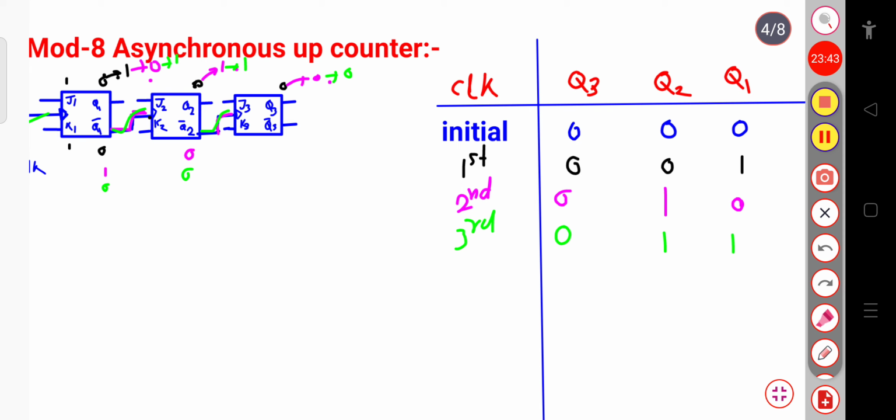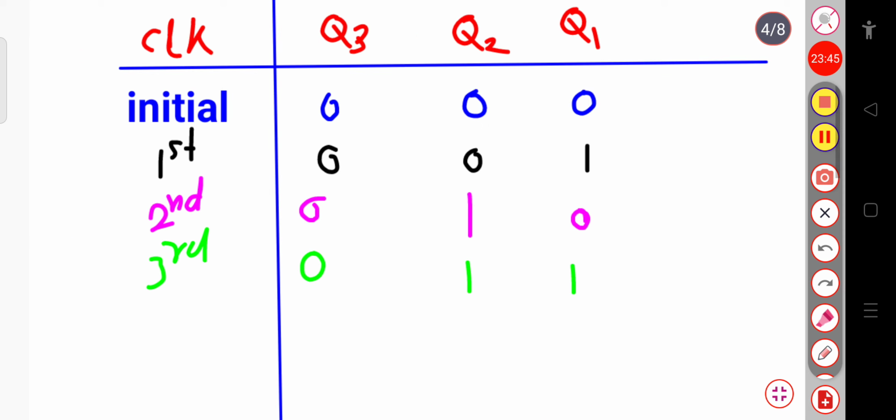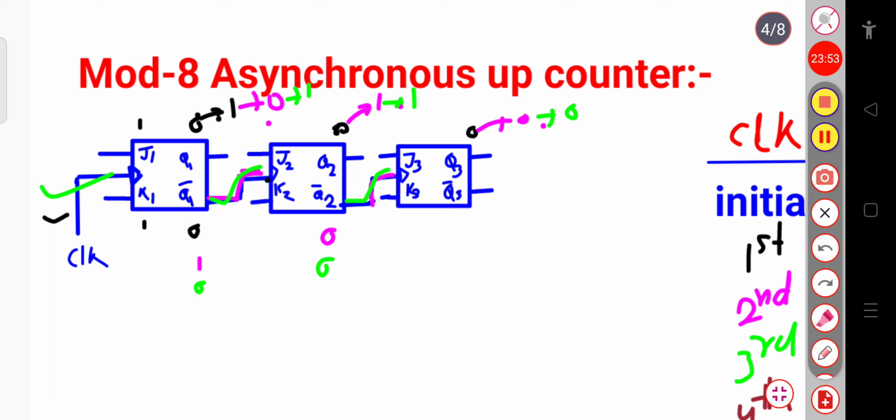Now for the fourth clock pulse, we will see what will happen. When the clock pulse is given here, this 1 value goes to 0 because of the toggling, so that its complement will be 1. When 1 is given to the clock pulse, it gets triggered, so this 1 value goes to 0. And again the complement of Q2 is 1, because Q2 equals 0, so Q2 bar will be 1.